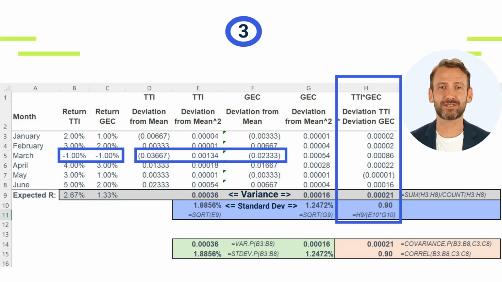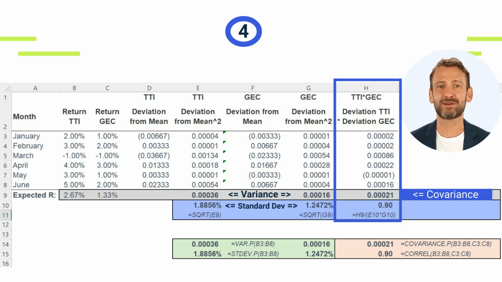Imagine that the return of GEC for the month of March was positive instead of negative, and that it was above the average return. In that case, its deviation would also be positive. By multiplying the positive deviation of GEC, in this hypothetical case, with the negative deviation of TTI, the result would be a negative value. This would mean that TTI and GEC moved in opposite directions.